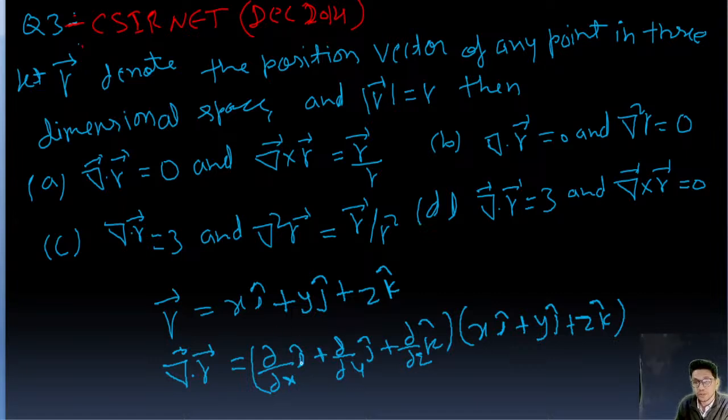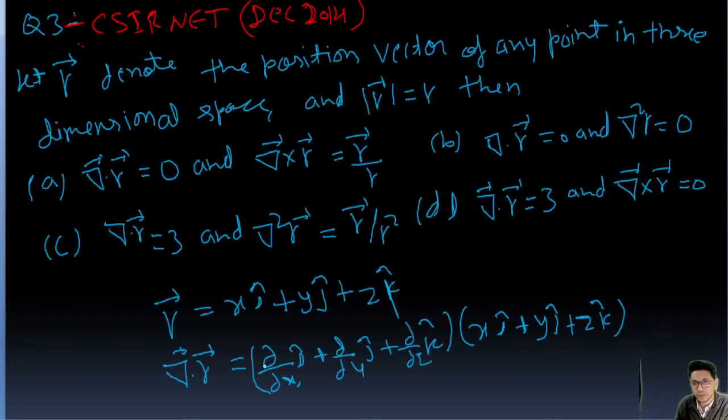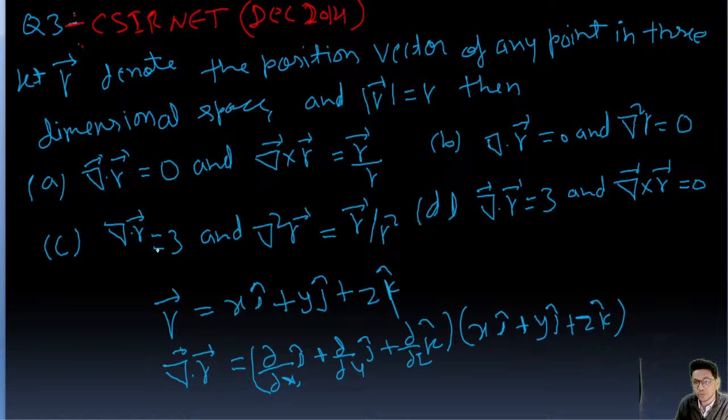We'll operate this with this, and this is going to give x, del x upon del x. So divergence of R is going to be 1 plus 1 plus 1, that is 3. Okay, so divergence of R is 3. It means which option is matching? So obviously it may be C option or D option, right?